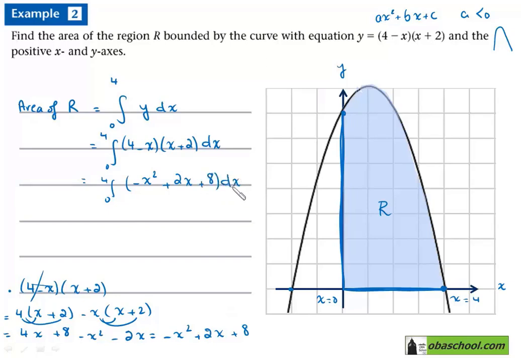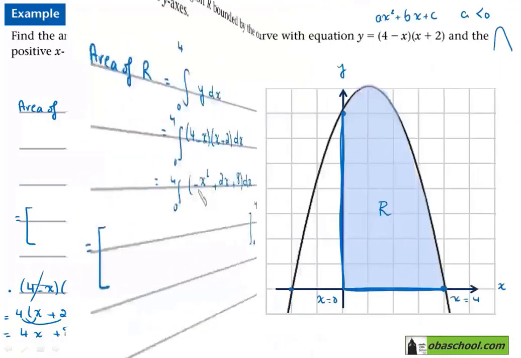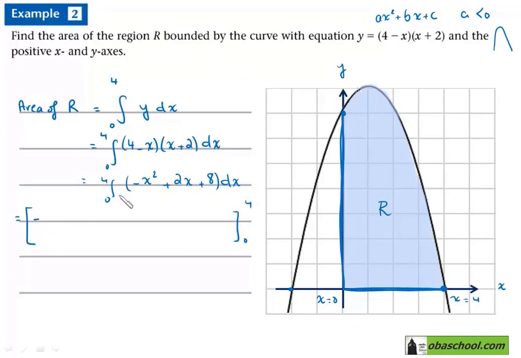Now we put the square bracket from 0 to 4 and we apply the integral for the function. Minus x to the power 3 over 3 plus 2, here the x is to the power 1, so 2x squared over 2, plus 8x.